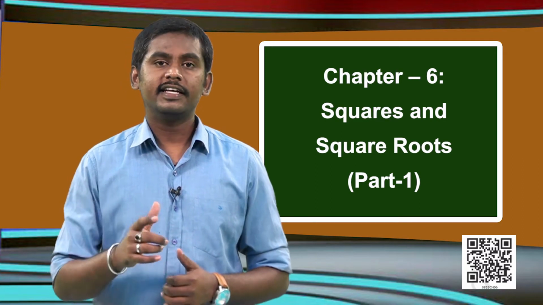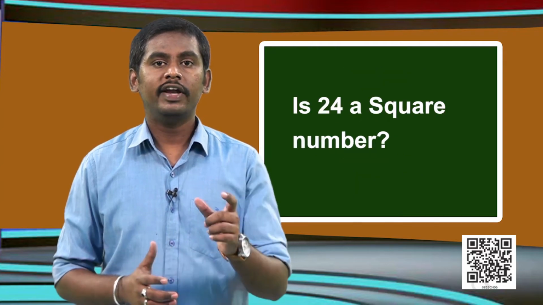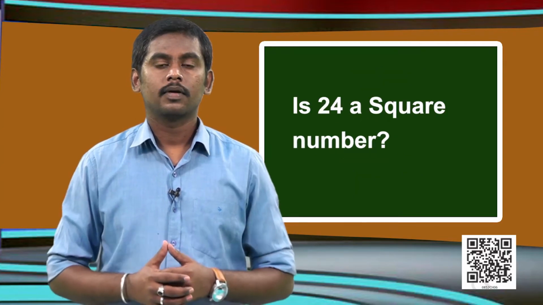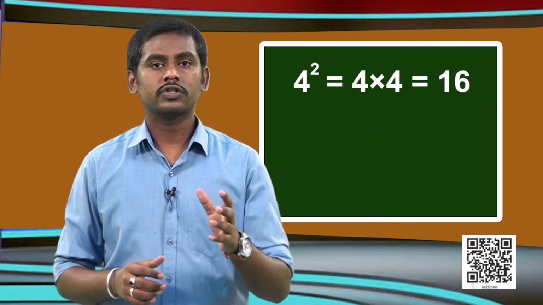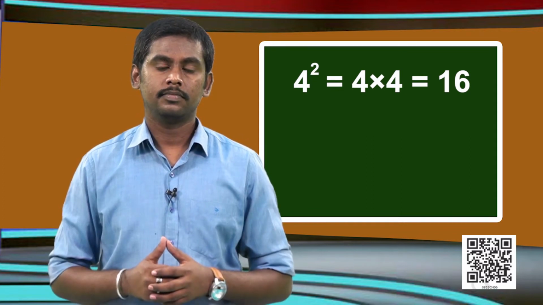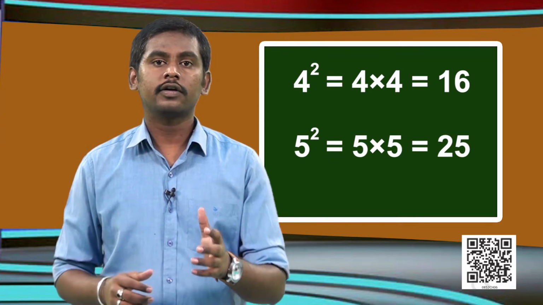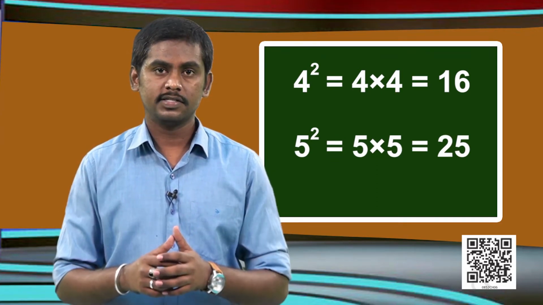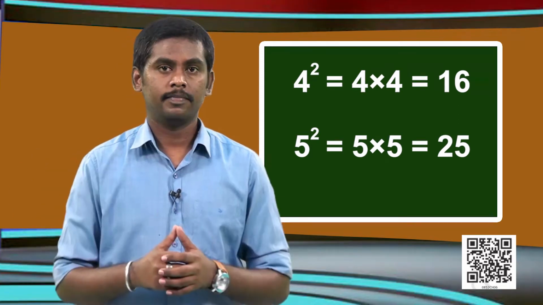Students, let us check whether a number is a square number or not. Say for example, let us find whether 24 is a square number. Well, we all know that 4 square, that is 4 multiplied with 4, is 16. And then what is the next square? We will go with the product of 5 with itself, that is 5 multiplied with 5 is equal to 25.